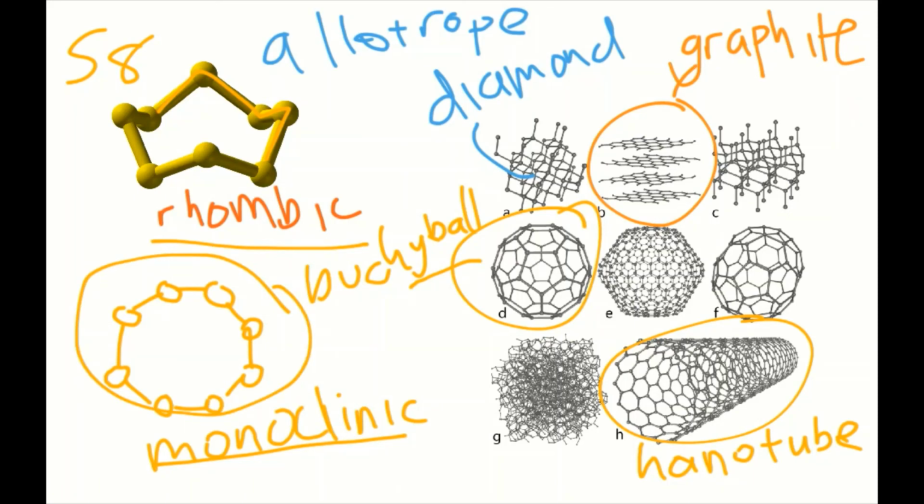Another element with famous allotropes is carbon. So carbon is C, as shown here. So carbon can exist as diamond, which is shown here, graphite, which is shown here, buckyball, which is shown here as a ball-looking structure, and as nanotubes. And they're called nanotubes because they look like tubes.